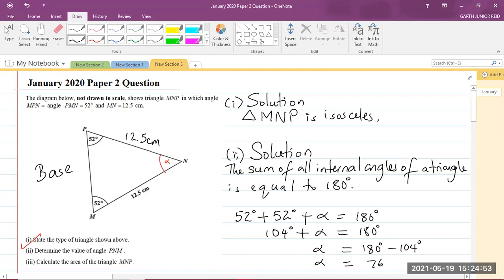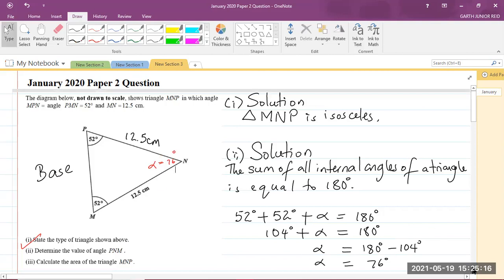That is 76 degrees. Alpha is equal to 76 degrees. So I can now come here and write alpha is equal to 76 degrees, and that is the solution to that question.